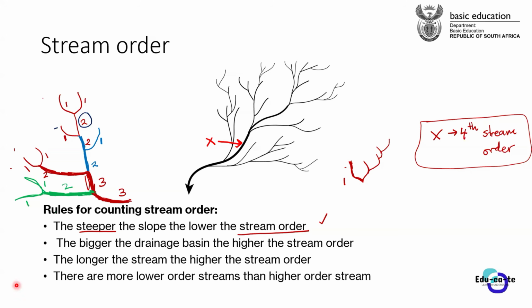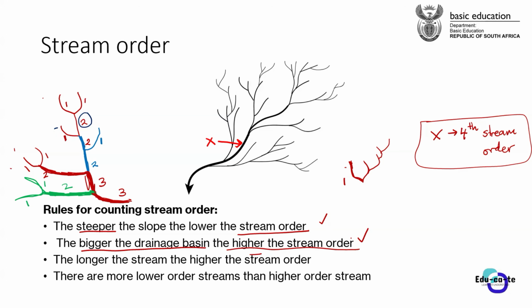The other thing that influences this stream order counting is that the bigger the drainage basin, the higher the stream order. So when you're having a bigger drainage basin, guys, it simply means that we are having a bigger area that is drained by the river system. Our river is occupying a bigger area.